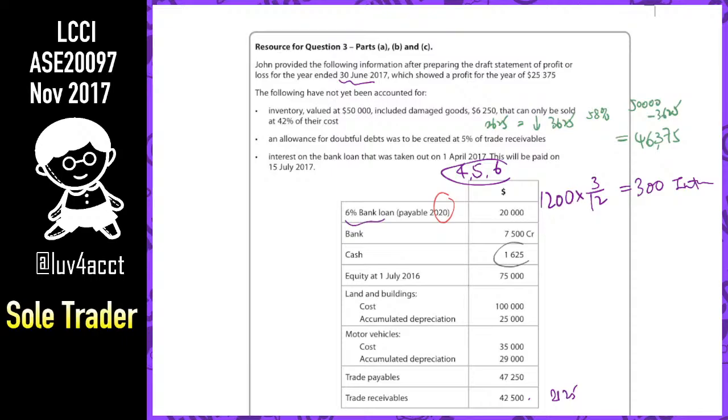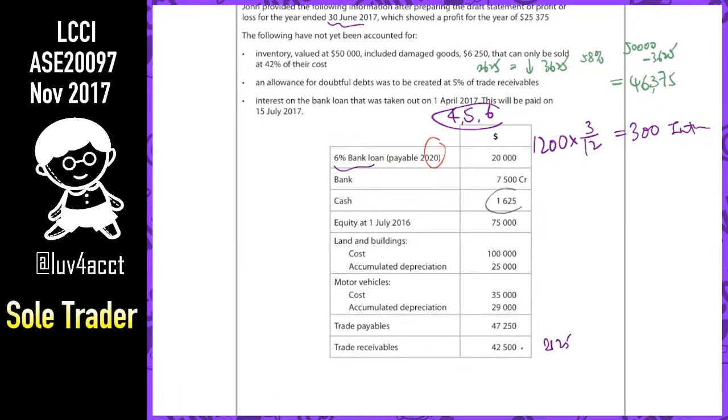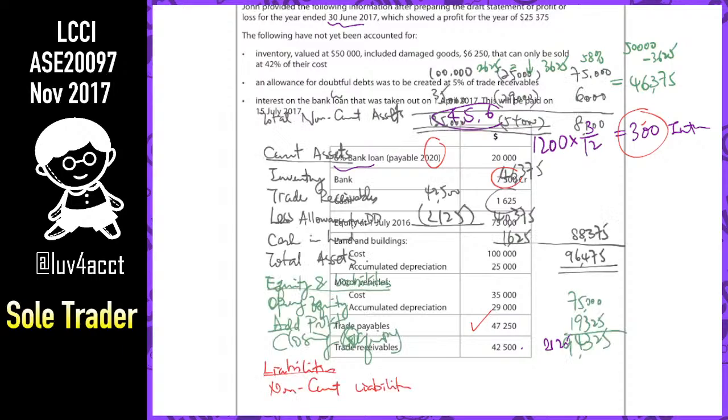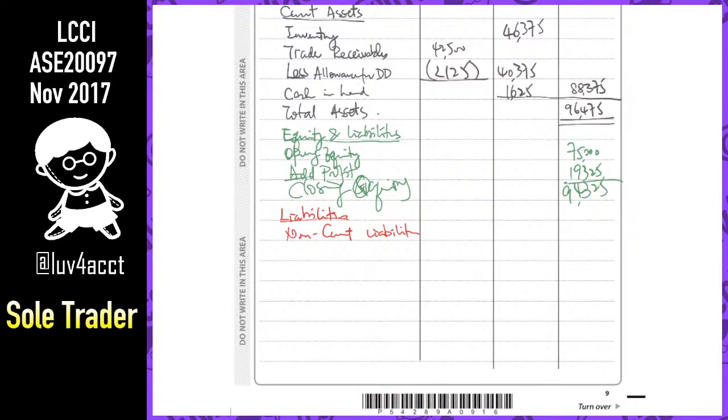Okay, and for current liabilities, we have a few things. First of all, trade payables, other payables, and then we have trade and other payables, and then we have the bank overdraft. Okay, so non-current liabilities 20,000.